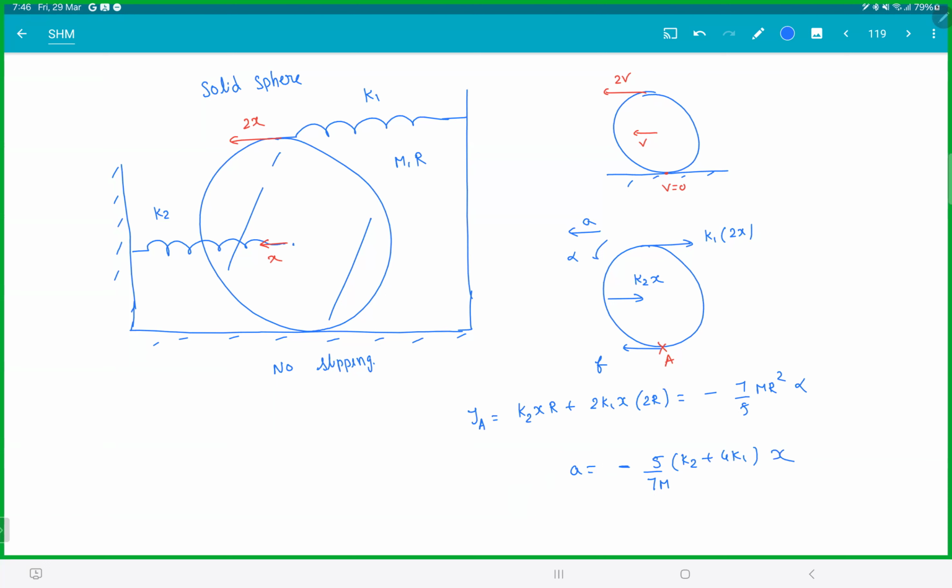Check. That's your omega square, and you get the time period from there. Easy. The most common mistake is this: people forget the 2x part. Both the springs will not stretch with the same amount. If it is a smooth surface, both would have been x.